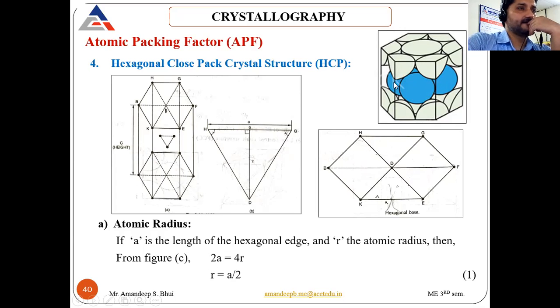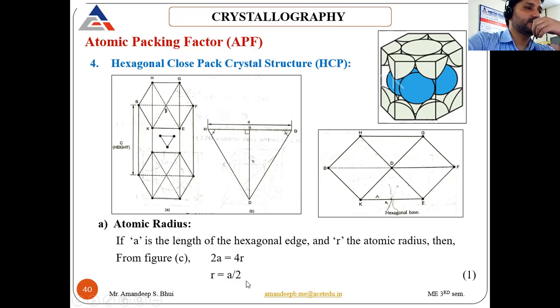So the correlation between A and R is R equals A by 2. If you see this edge here, there are two corner atoms. They are touching each other, and the radius of the atom is R, so we have R plus R, which is 2R, and the edge length is A. So 2R equals A, and from here R equals A by 2.